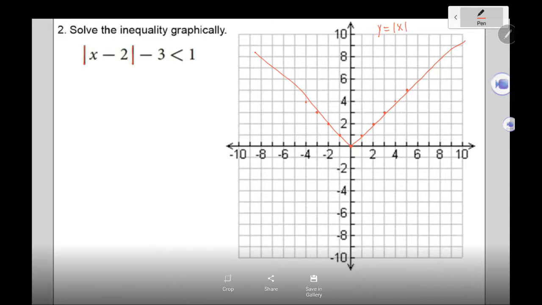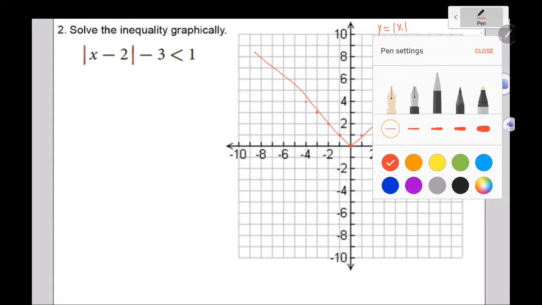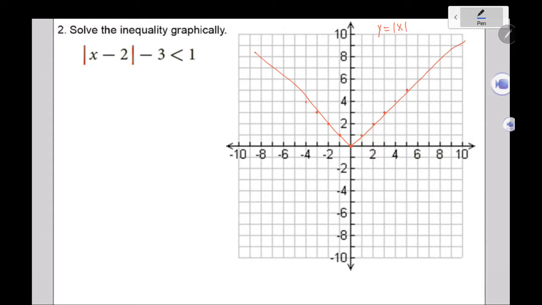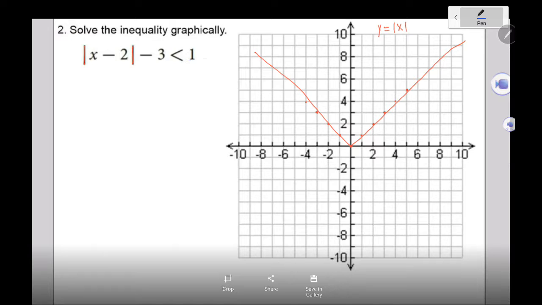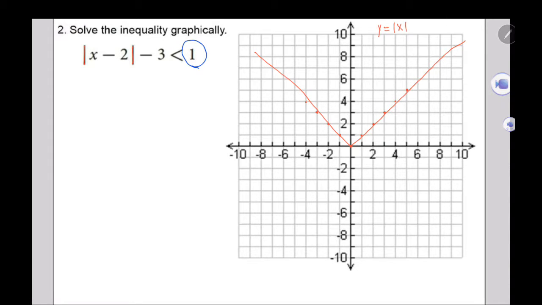And the interesting thing is that this absolute value is said to be less than. I made it equal, but we're talking about less than. So I want to draw a line that represents that level, and we're thinking about this 1 right here. So I'm going to draw the best I can a straight line at 1.